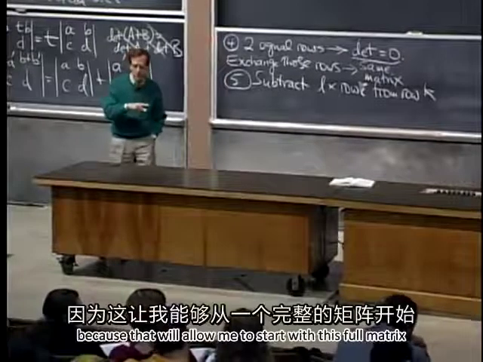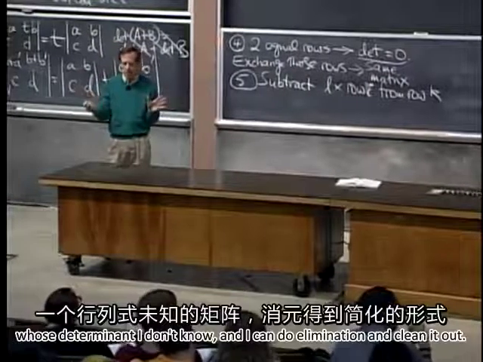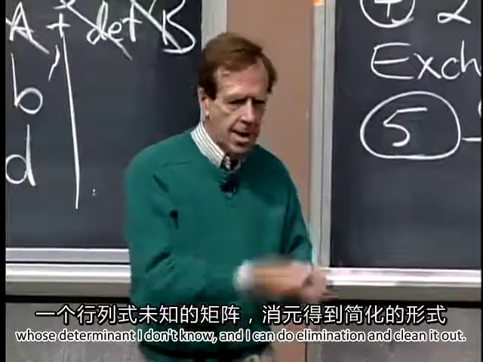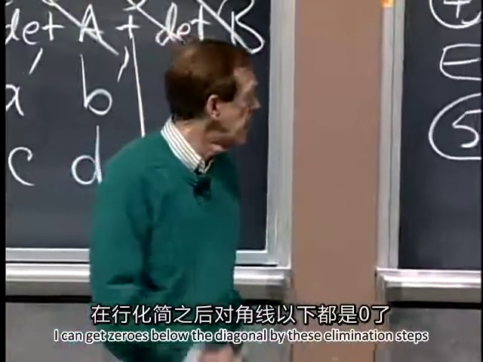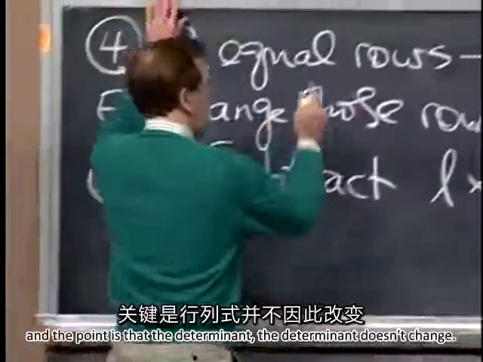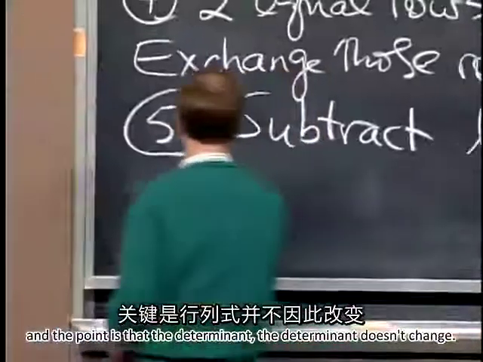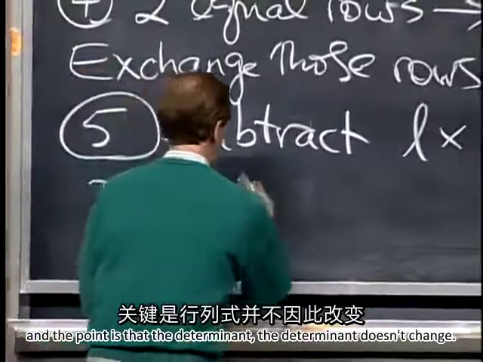Okay, so you can see why I want that one. Because that will allow me to start with this full matrix, whose determinant I don't know, and I can do elimination and clean it out. I can get zeros below the diagonal by these elimination steps, and the point is that the determinant doesn't change.